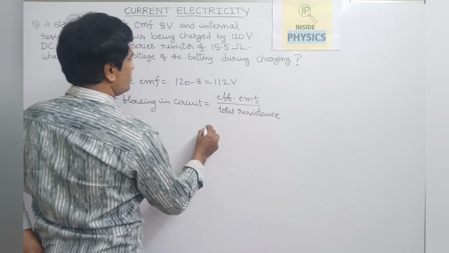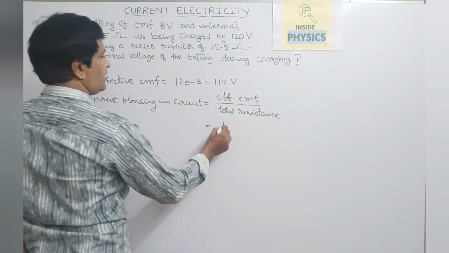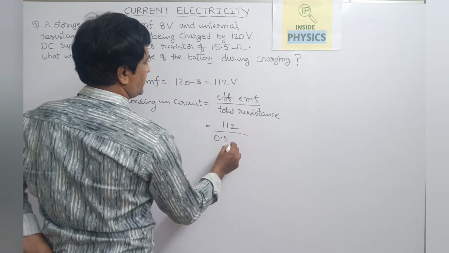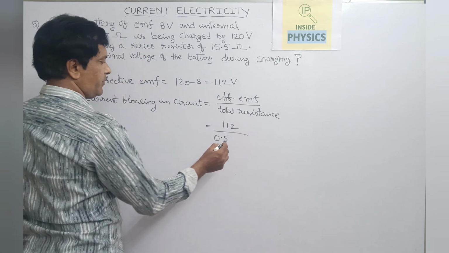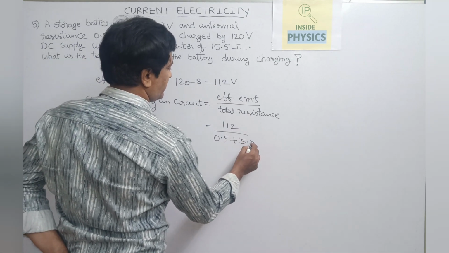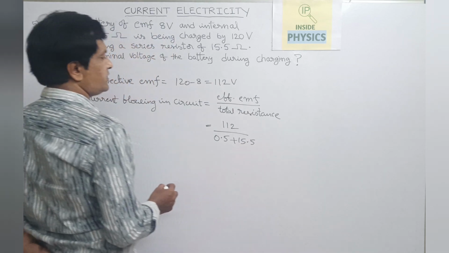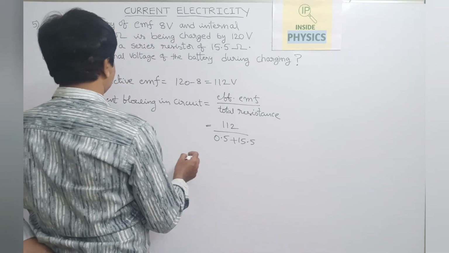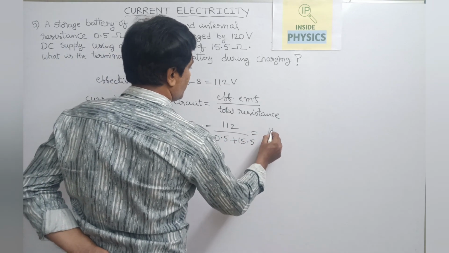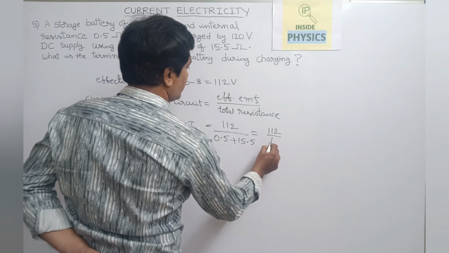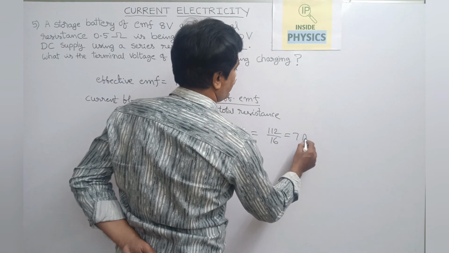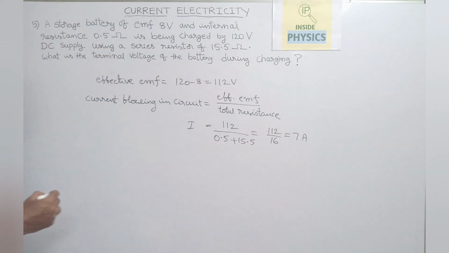So this value is 112 by 0.5, the internal resistance of the battery, plus 15.5, the external resistance connected in series. Current flowing will be 112 by 16, which is 7 amperes, the current flowing in the circuit.